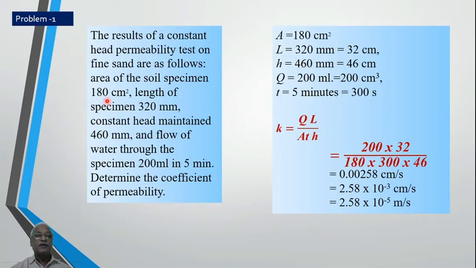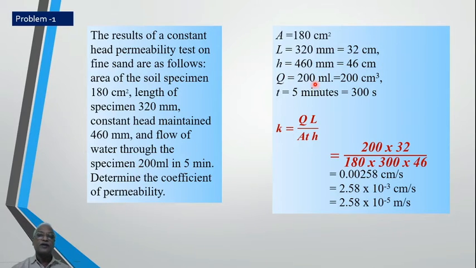Area, cross-sectional area of the soil is given, length is mentioned, this is in centimeter square, this is in millimeter. You have to convert that into centimeters so that homogeneity of the units is maintained. H, the head lost, is 460 mm, 46 centimeter.